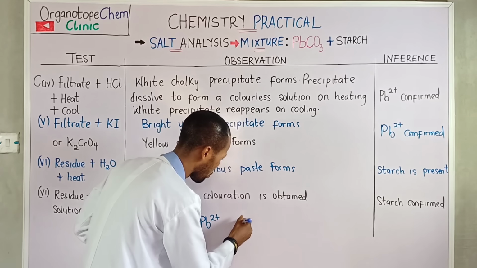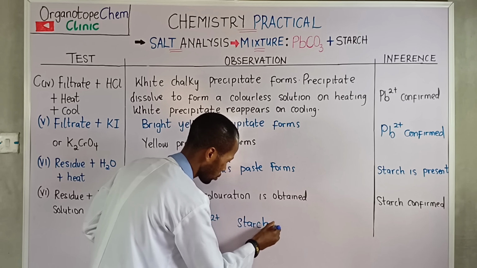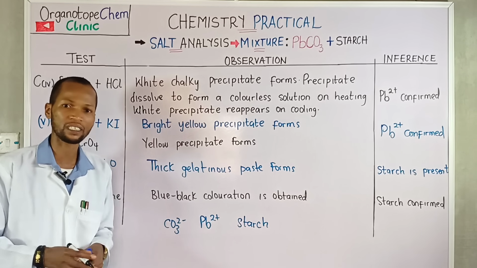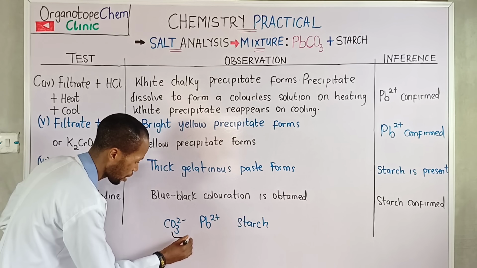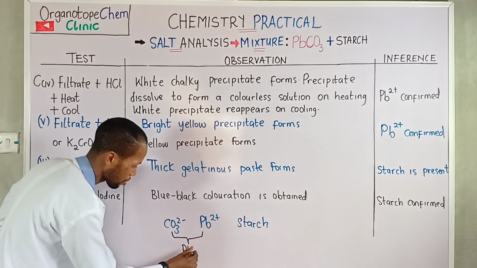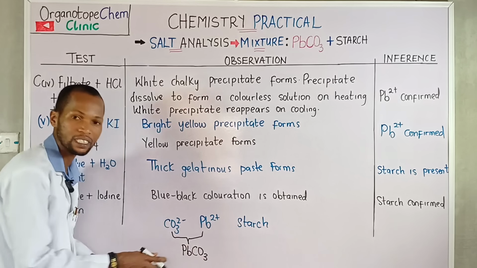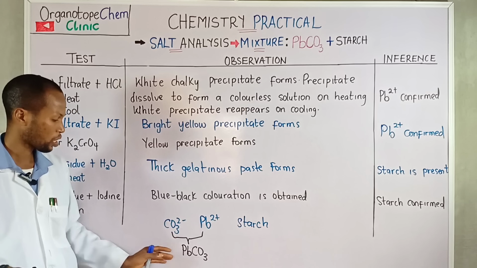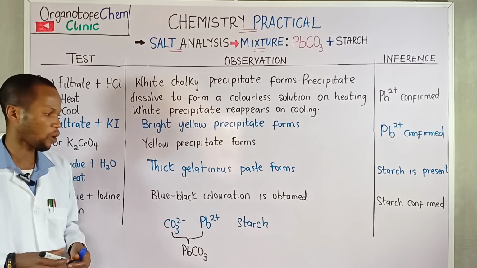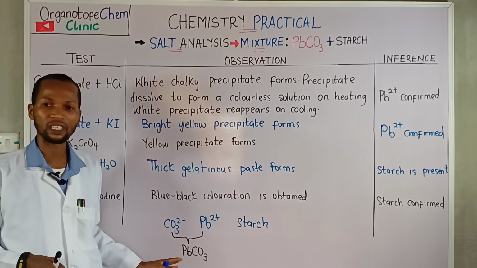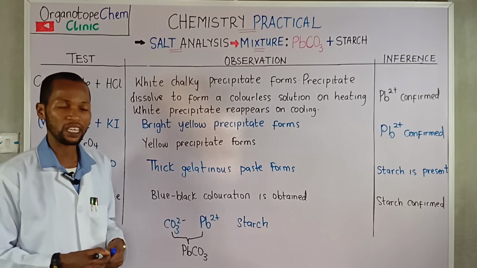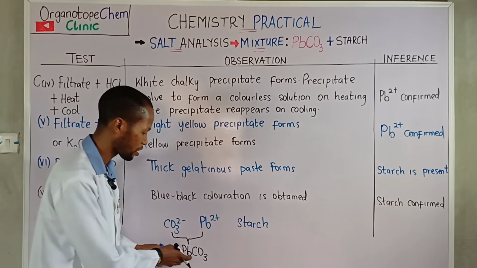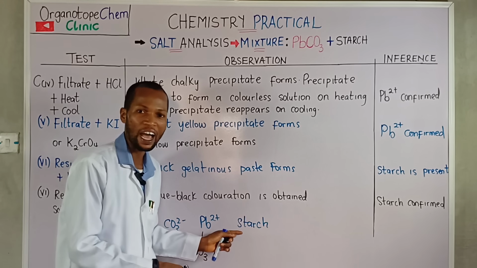That's right, we confirmed the presence of starch. From the interaction between the cation and the anion, from this salt analysis, we can confirm that the salt is PbCO3, that is lead(II) carbonate, and the other substance mixed with the lead(II) carbonate is the starch.